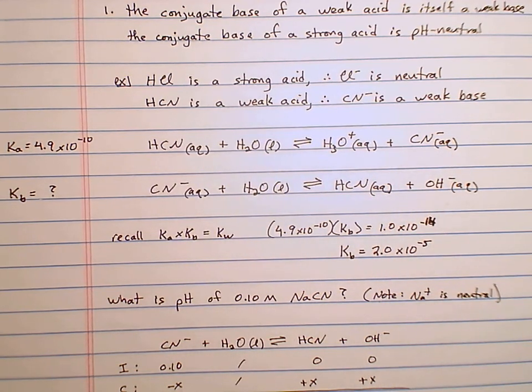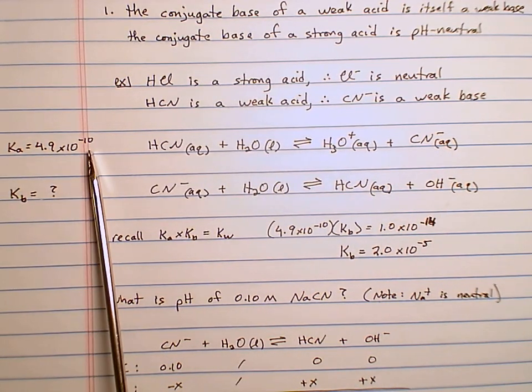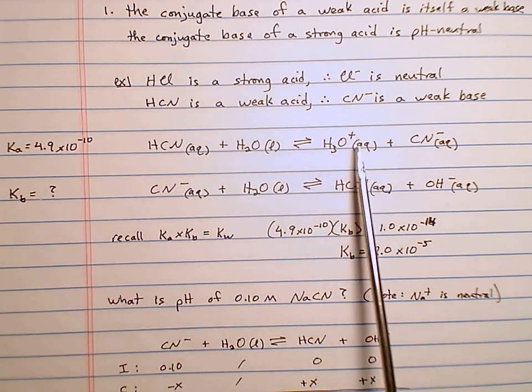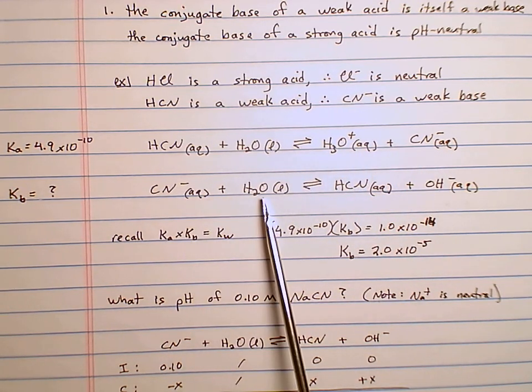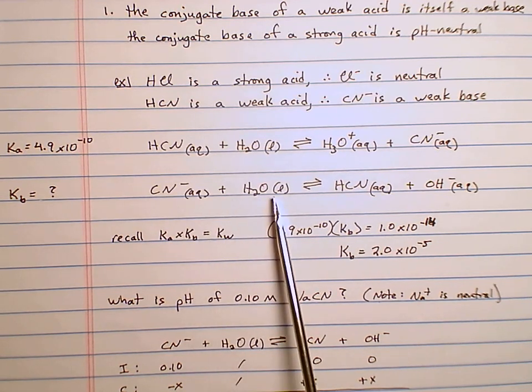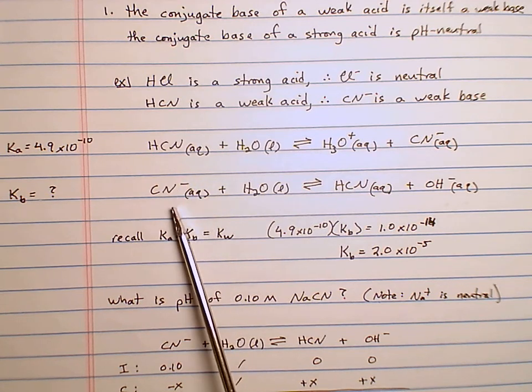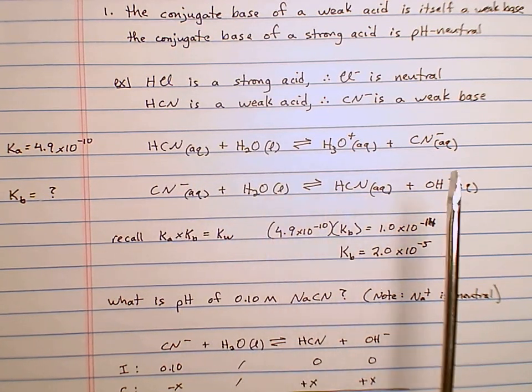Normal dissociation here. Here's the Ka. Note it's a very, very small value for that Ka. Well, what would be the Kb for CN minus reacting with water? CN minus plus water goes to HCN plus OH minus. Note this is a weak base because when it reacts with water, it produces hydroxide.